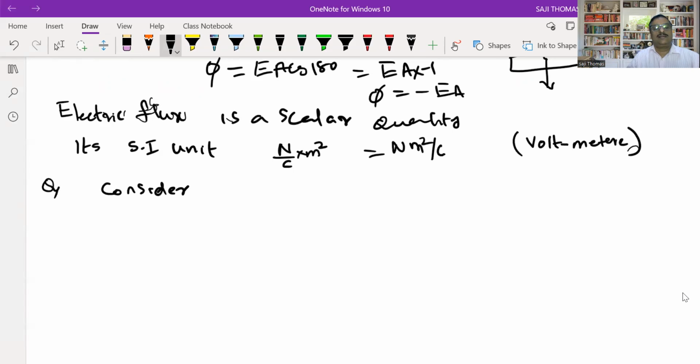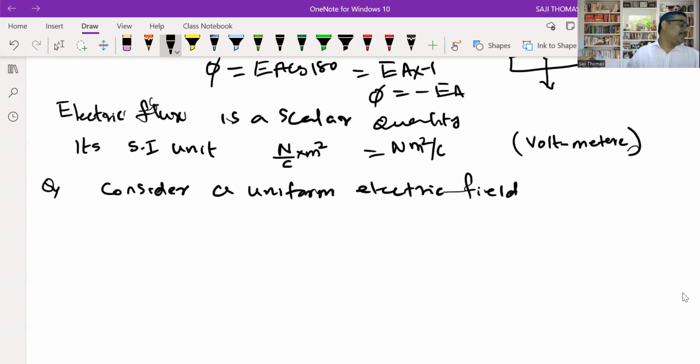Consider a uniform electric field, E equals 3 into 10 raised to 3 i hat Newton per coulomb. The electric field value is given.